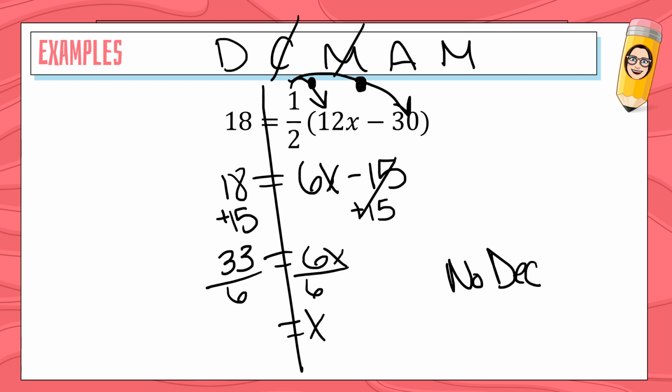I want a reduced or simplified improper fraction. I want a numerator and a denominator, okay? What can I cut both of these down by? That's how I reduce my fractions. I can cut them both by 3. If I cut them both by 3, I get 11 over 2. 11 over 2. That's an improper reduced fraction.